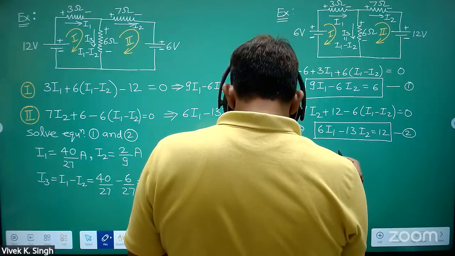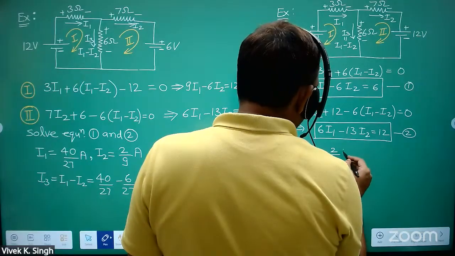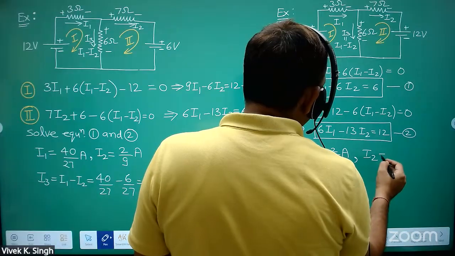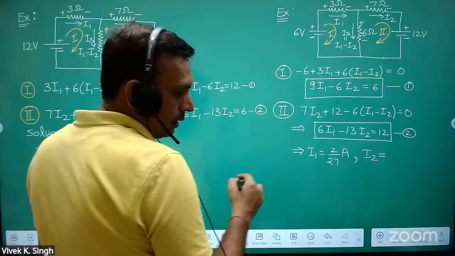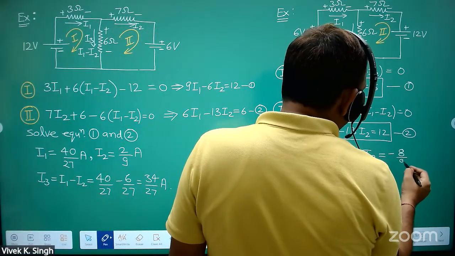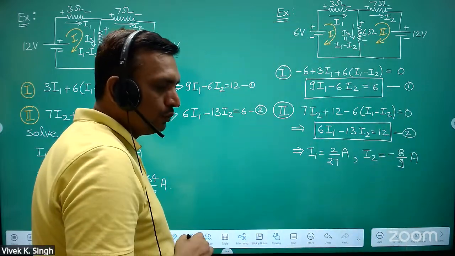I think I1 is 2 by 27 ampere. Yes, sir. And what will be I2? I get I2 is minus 8 by 9 ampere. Minus 8 by 9. Just solve these two equations, 1 and 2.